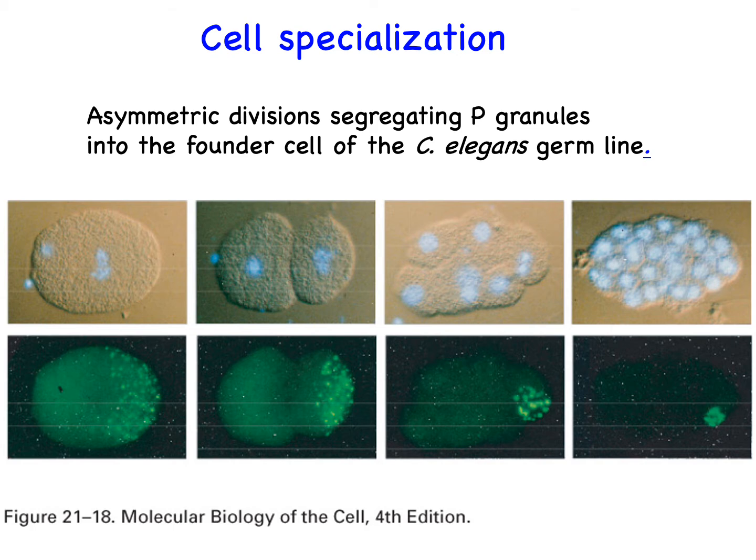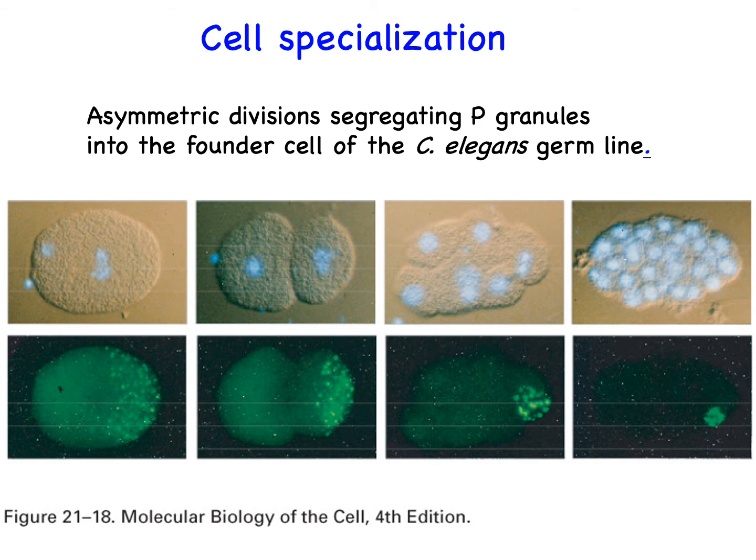Even on the left in the initial single cell, the P granules are migrating to the posterior end of the cell, so that when it divides into two in the second panel, all the P granules are in the right-hand cell. As they divide further, you see they get sequestered into a smaller and smaller space. And finally, in the last panel, they're still in just a single cell.